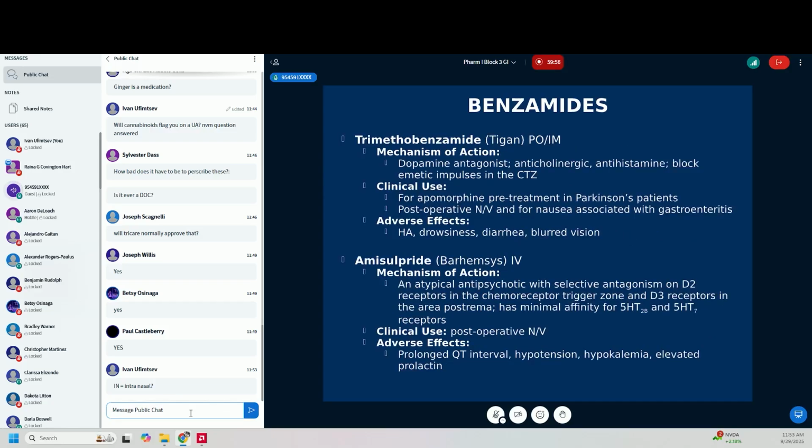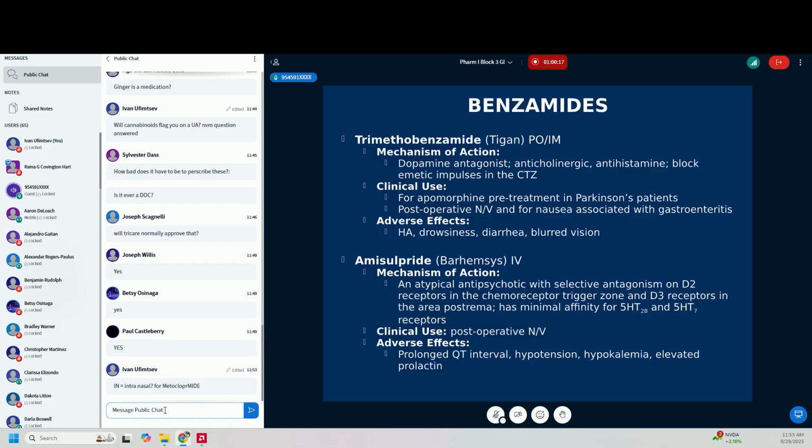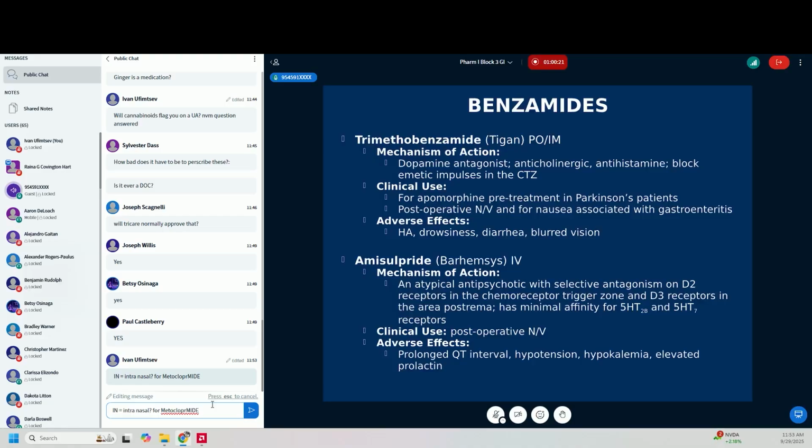All right, your other medications that we have, your trimethobenzamide, and we have amisulpride. So when you're looking at your trimethobenzamide, this one has 2 different formulations, oral and IM, which is, again, good for our patients if they are actually vomiting. When we look at your mechanism of action, again, I'm telling you that we have some dopamine antagonistic properties there.